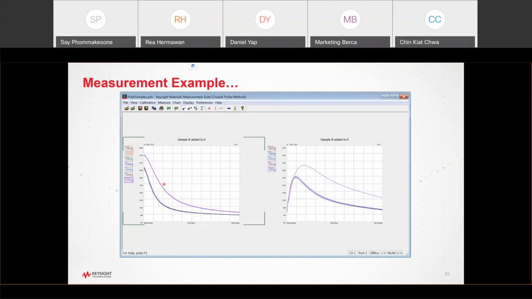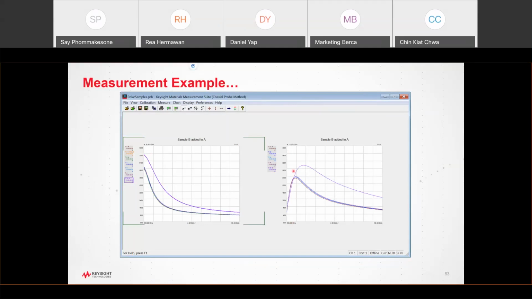So its real part of permittivity is much higher because it contains more water. The other one, sample A, has less water, maybe some additional other material, so the permittivity is lower. This is the real part of permittivity, and this is the imaginary part of permittivity.